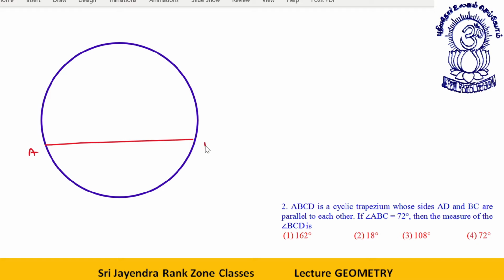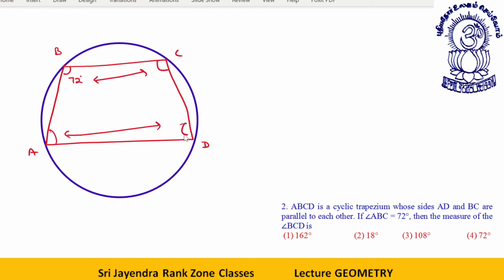If angle ABC is 72 degrees, then the measure of angle BCD is? See students, these two angles are equal and these two angles are equal. So if this is 72, this must also be 72 degrees. This is the answer.